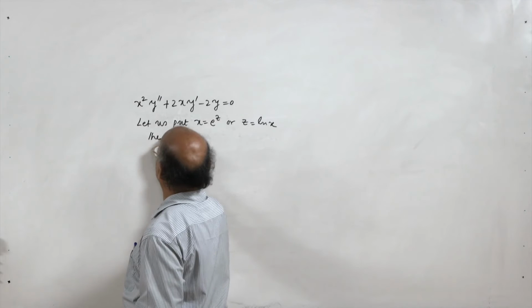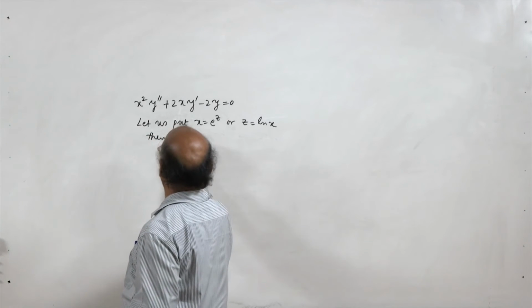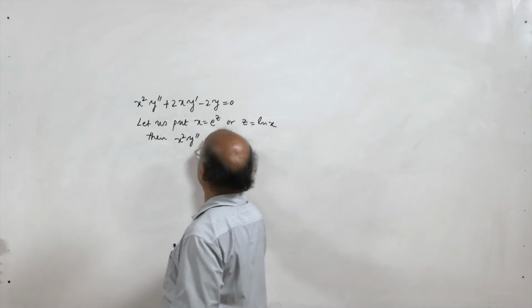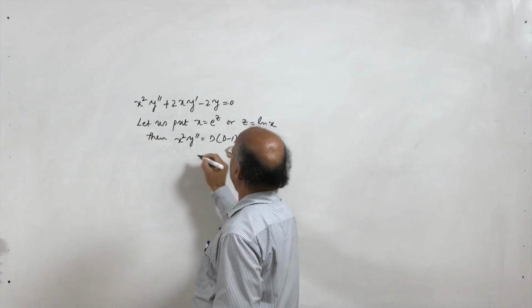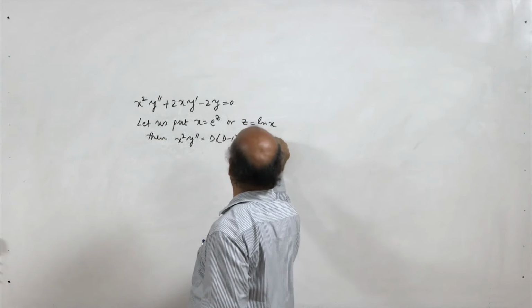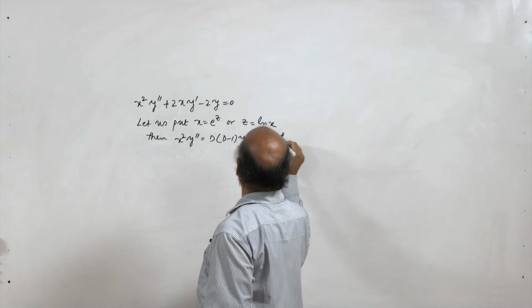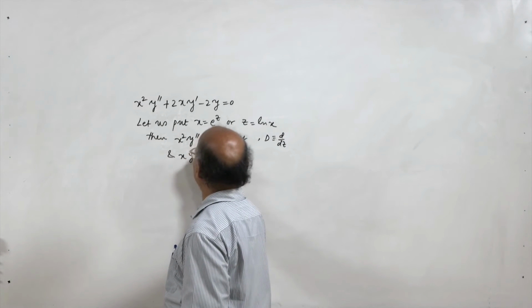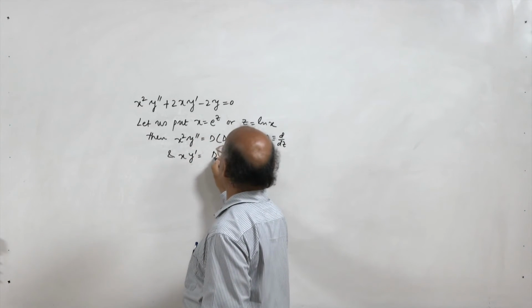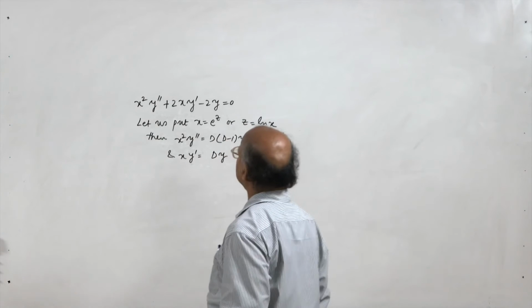Then we have seen that x square y double dash is equal to D into D minus 1 operating on y, where D is d over dz, and x y dash is equal to Dy. So let us put these values.